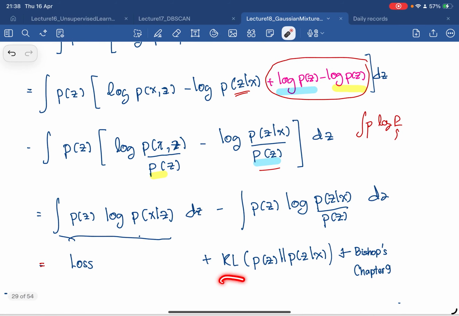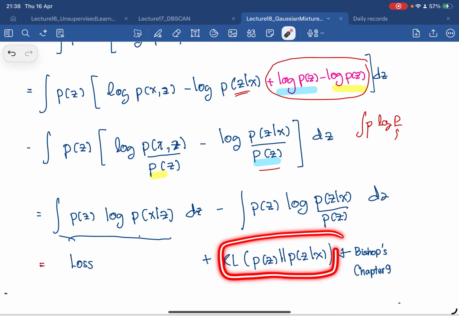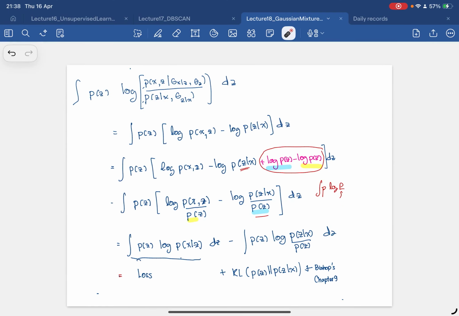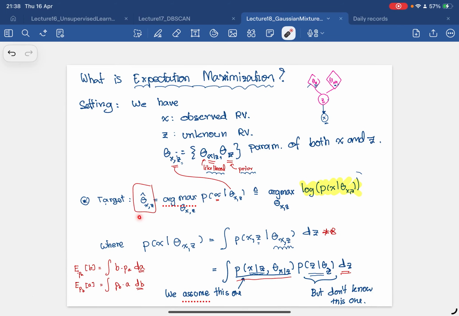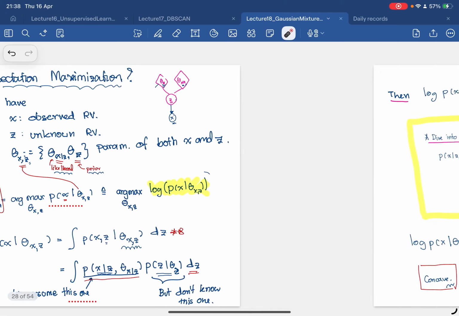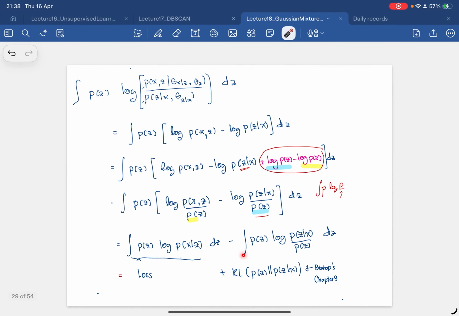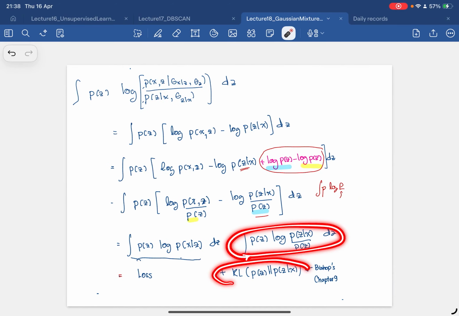We call it a KL divergence between the probability of z and the probability of z given x. And because this term will always be greater than 0, we don't need to think about it so much. What I'm trying to say is that if at the end of the day all you want is to solve this maximization problem, you can actually ignore this term because it's a KL divergence term.